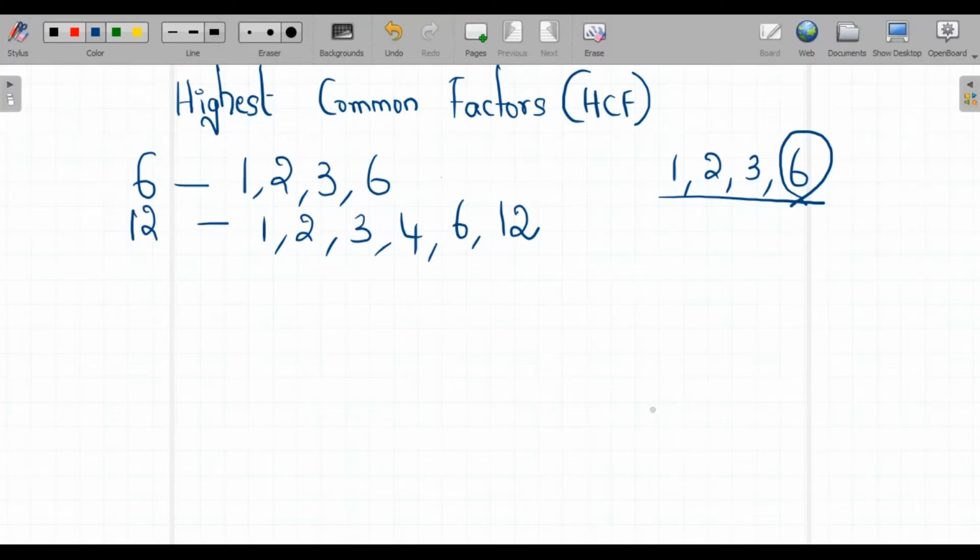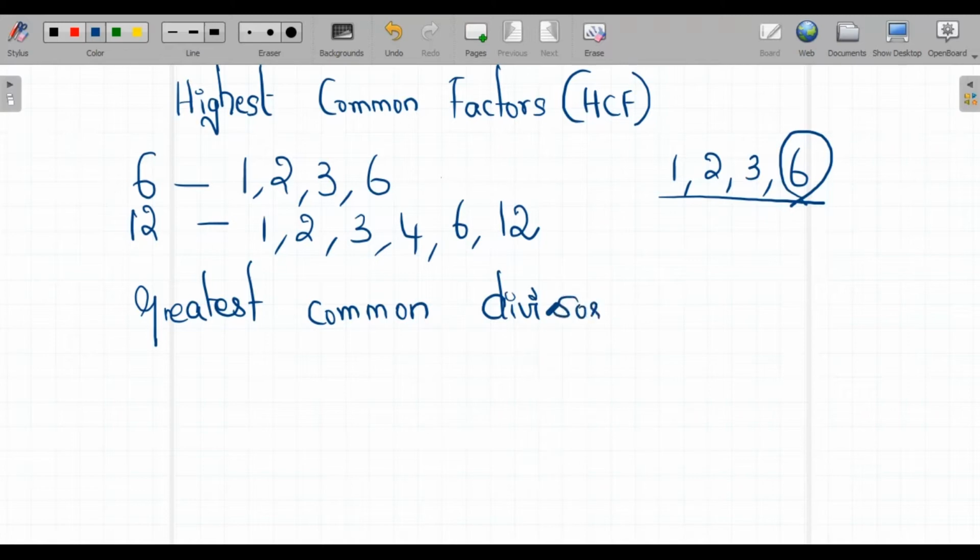Now, this highest common factor is also called greatest common divisor, or GCD. The concept is, of all the factors that are common to the two given numbers, the factor which is biggest is called the highest common factor.